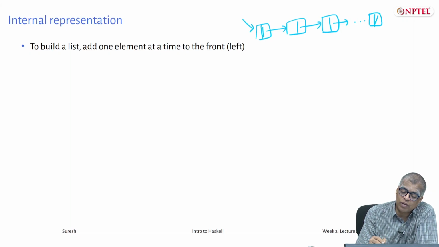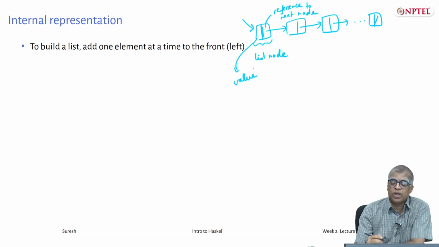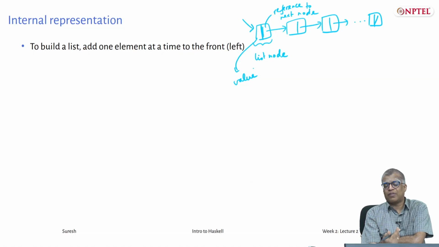You have some reference pointing to the start of the list, and each list node has two parts: one which stores the value and one which is a reference to the next node.